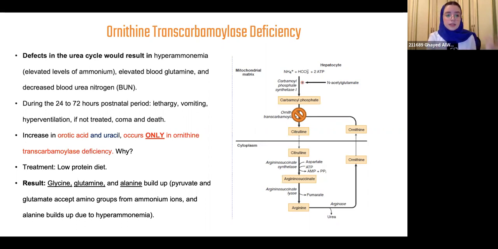So you have elevated levels of ammonia. Whenever you have more protein, the urea cycle needs to work a lot more to get rid of the ammonia and excrete it in the form of urea. If the urea cycle isn't working, then we can decrease the protein this person is taking so that the urea cycle doesn't have to work as hard to get rid of ammonia. Does that make sense? So that's why we give a low protein diet.